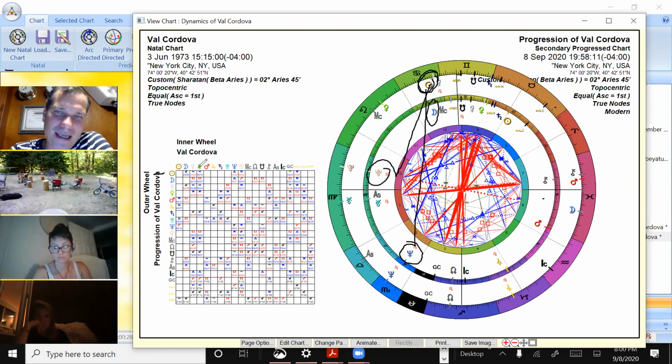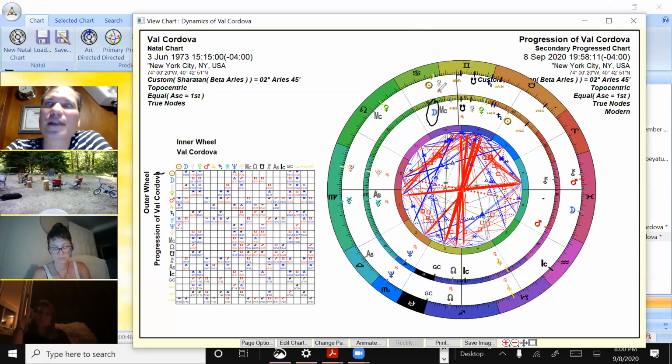So you can say your natal, whatever, right? The progress sun is in Cancer now, conjunct Mercury. So that's kind of significant. What do we call this again?